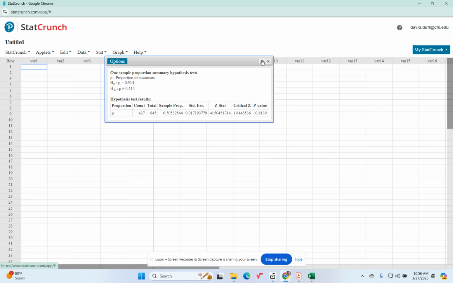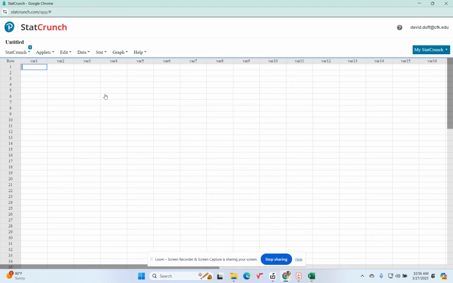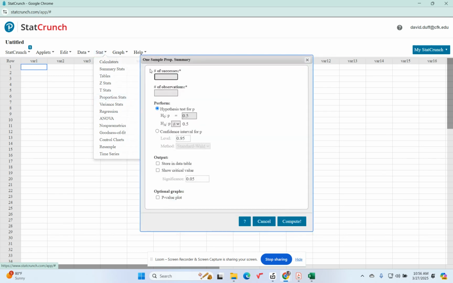So what I'm going to do is I'm going to go to options. I'm going to go to edit. You know what? Let's just go back out so I can show you how to do this again. We'll go to stat, then we'll go to proportion stats, then we'll go to one sample, and then with summary. So this is everything that I've written down. I have the number of successes is 430.